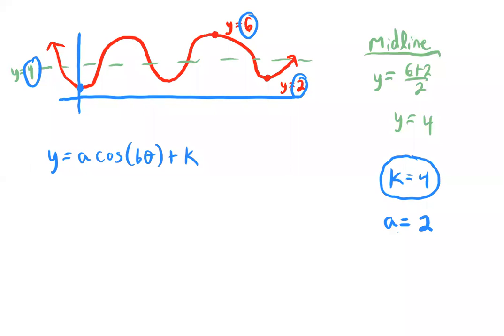This one is interesting though, because we have a minimum as the y-intercept. So that means A is going to be -2 here. So you always have to think, even though the amplitude is always positive, A can be positive or negative. For cosine, you're asking the question, is the y-intercept a max or a min? Whenever it's a min, you make it negative.